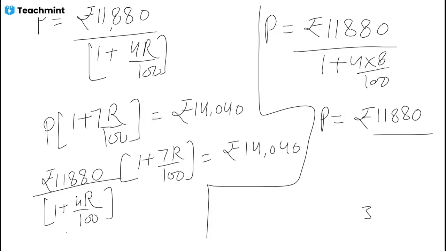Got it? Add with 1, so you have 1.32. So just divide this value by 1.32, then you will get the principal amount. Got it? Okay. Thank you.